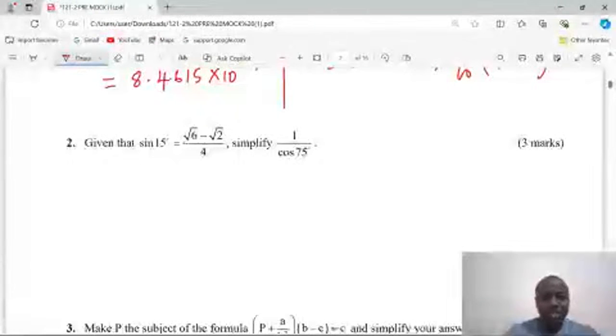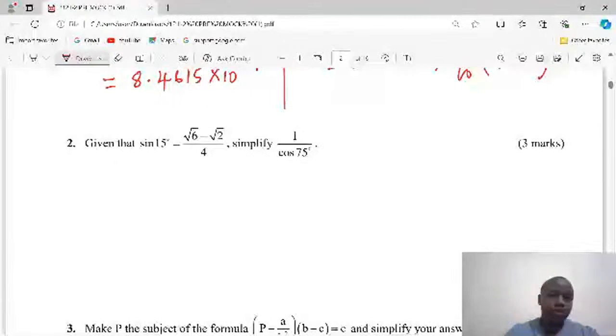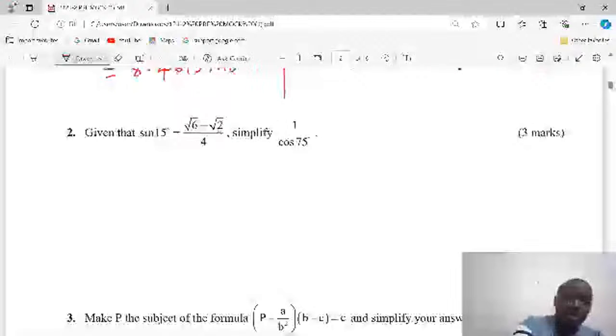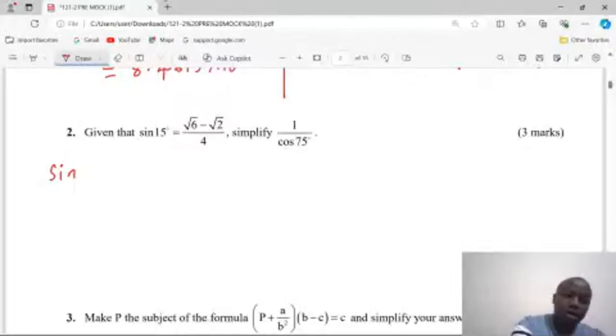There is a concept in trigonometry 1 which is being evaluated here, so that now through the concept, you may be able to solve surds. It's good to know the relationship between 15 and 75, and that is the sine of 15 is the same as the cosine of 75 degrees.